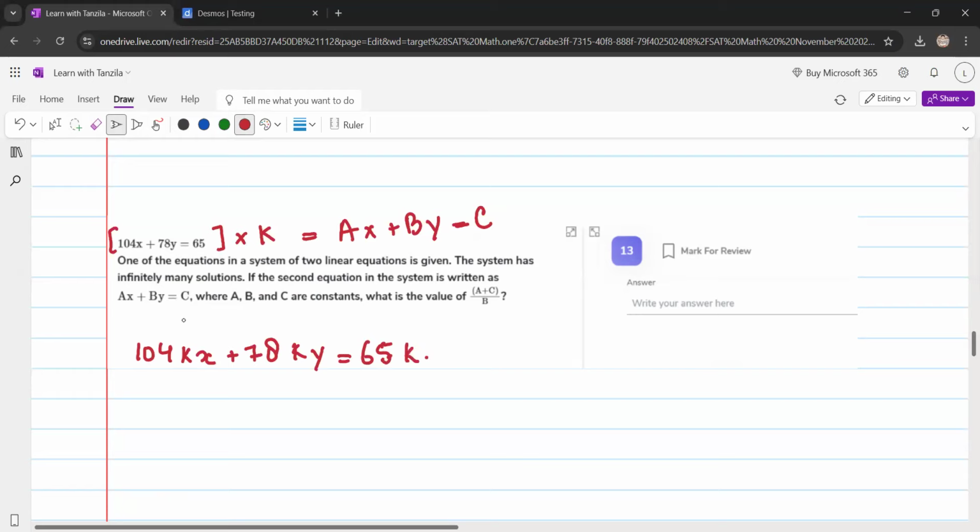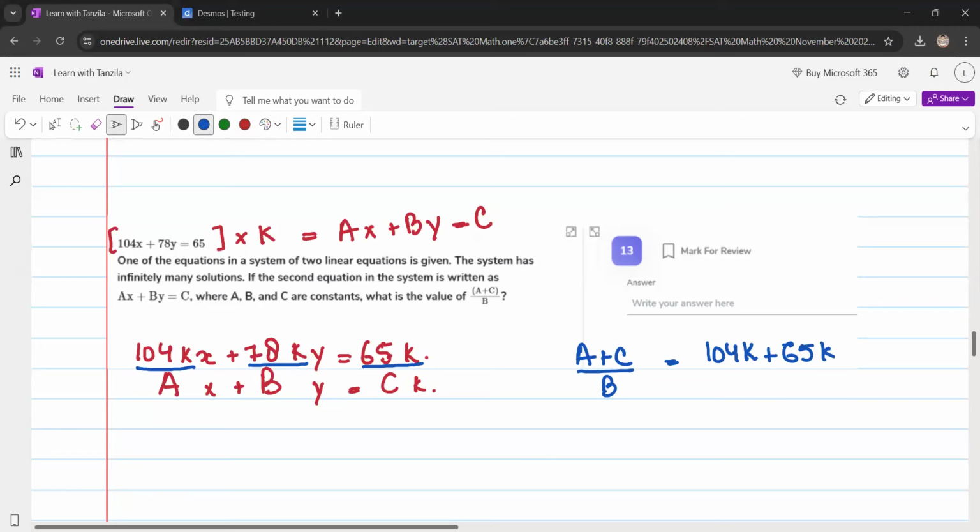Now, what do I need? A plus C over B. So this is my A, this is my B, this is my C. So I need A plus C over B. My A is 104K plus 65K over B. B is 78K.